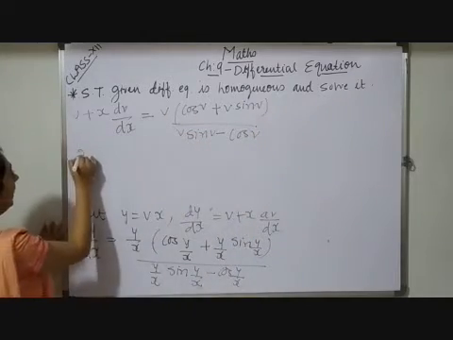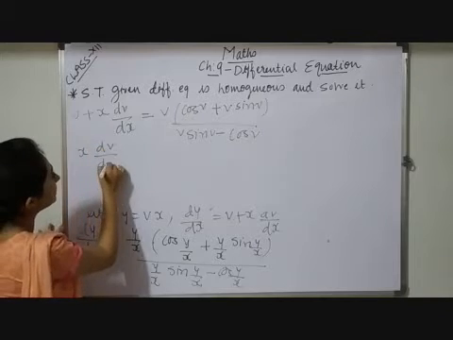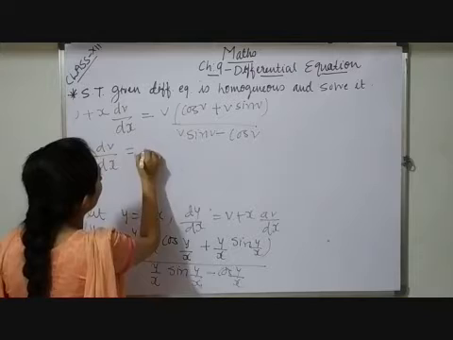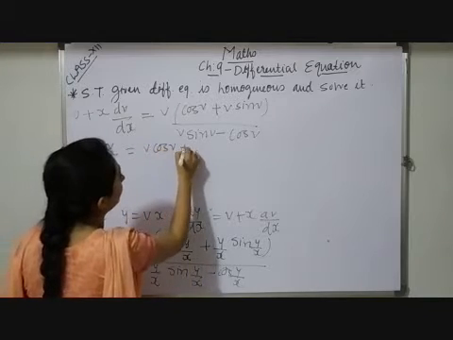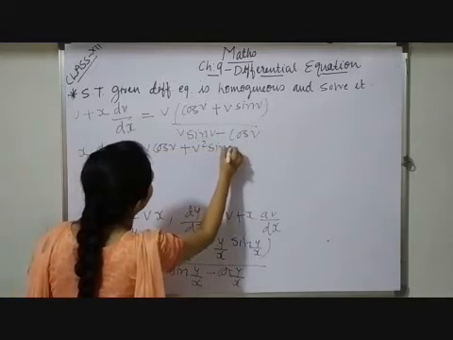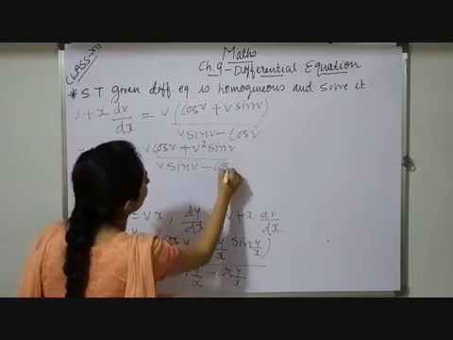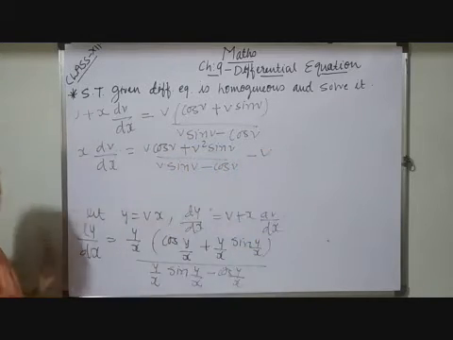After that, shift this v here. So you will get x dv by dx equals, multiply this v also inside. So I will get v cos v plus v square sin v divided by v sin v minus cos v, minus v. Take LCM here.